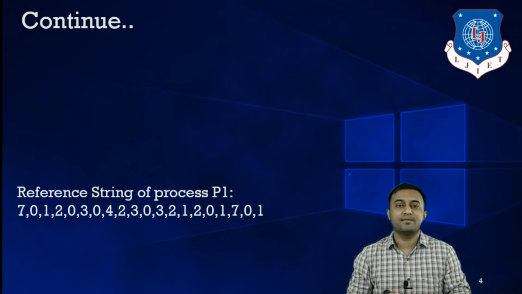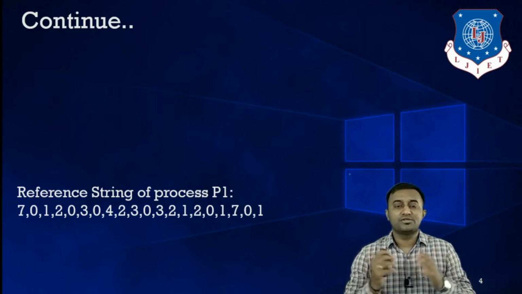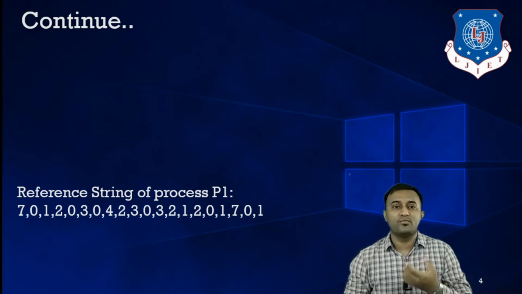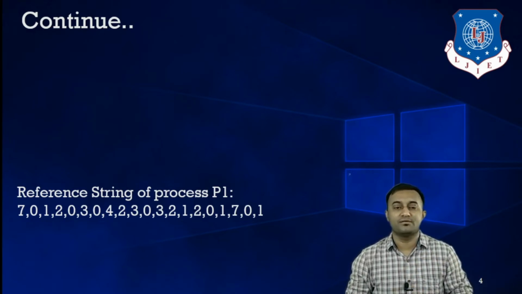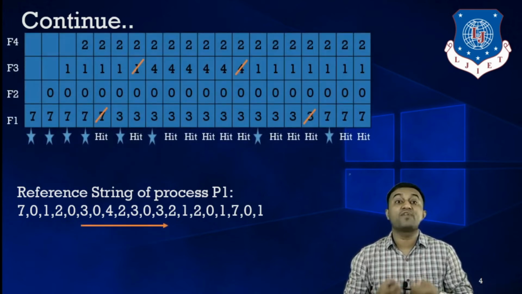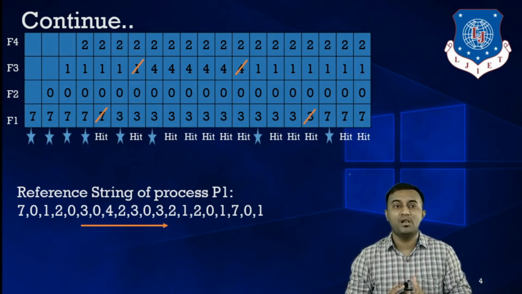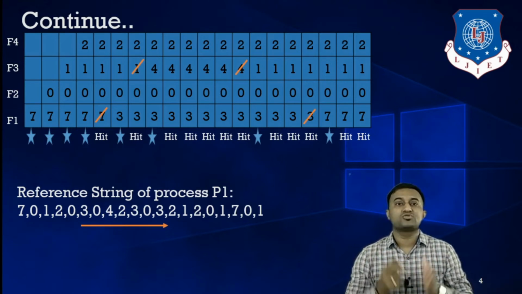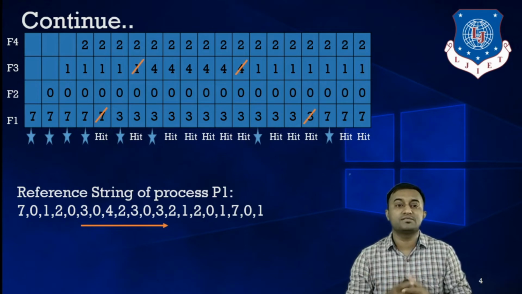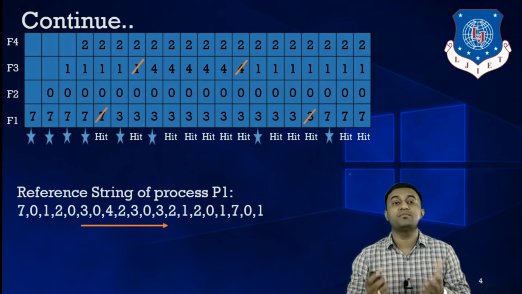One more thing would be given to you as an input in your examination, and that is the number of frames, that is, how many frames you have to use to accommodate the pages in main memory. How many frames do we have in this example? Four frames. So by considering four frames and this set of pages of a particular process, let us start the execution of the optimal page replacement algorithm.